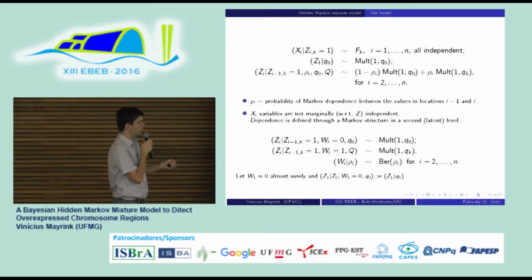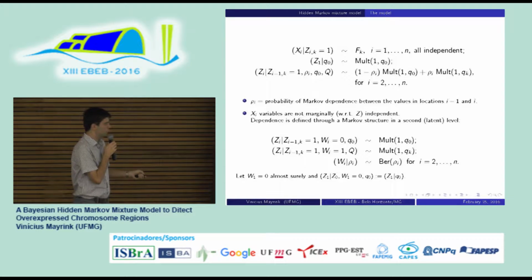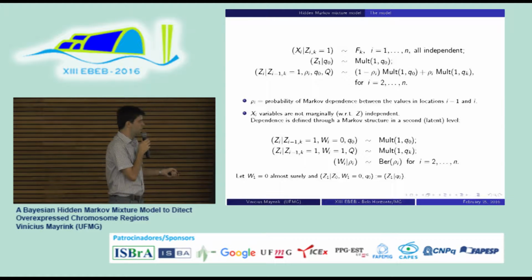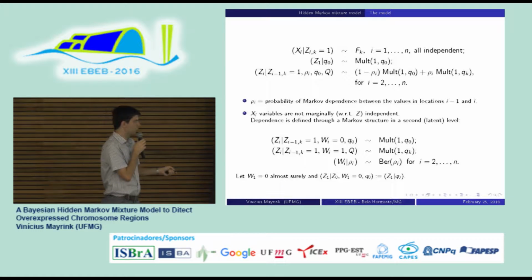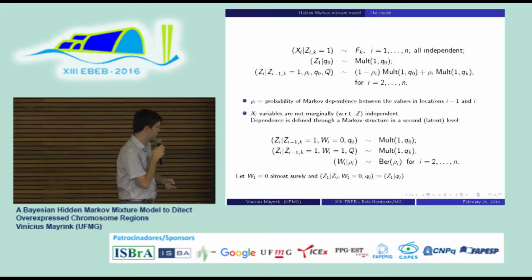In order to model the Markov dependence, we will do that for this probability row here. So we introduce this W_i, which is Bernoulli, and when W_i is 1, we generate from this multinomial distribution, and when it's 0, we generate from this one, which indicates dependence.